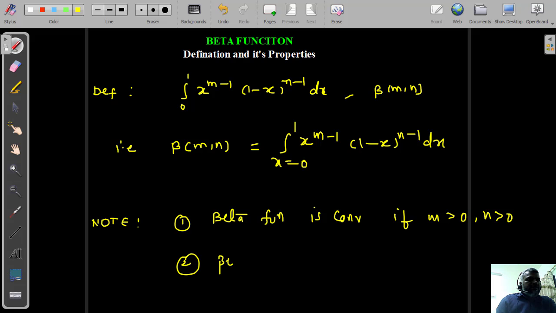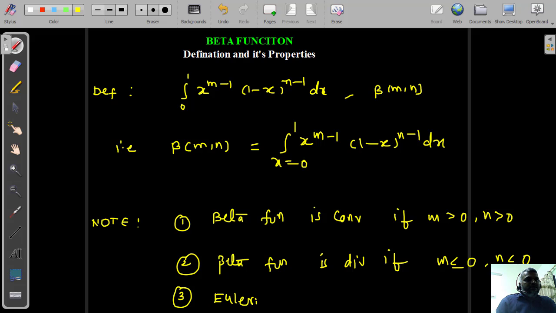The beta function diverges if m is less than or equal to 0 as well as n less than or equal to 0. Next, this beta function is also called the Eulerian integral of the first kind.